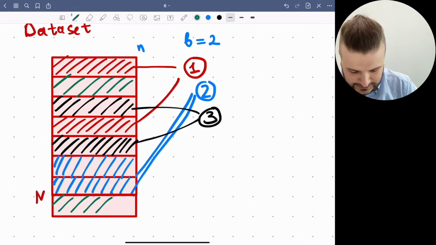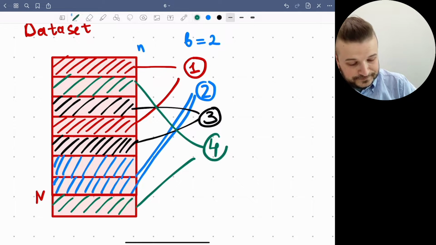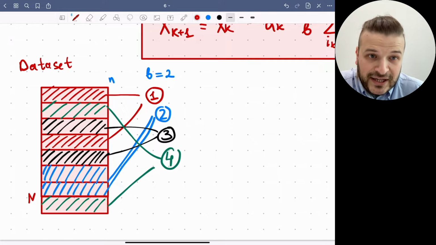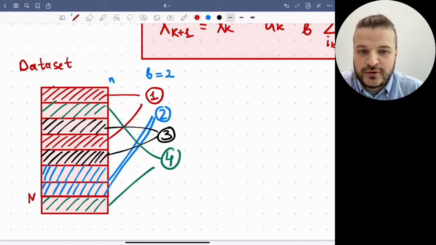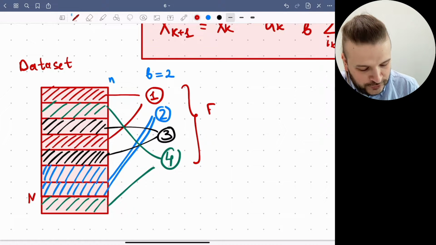Okay, now I've run through all the data I have here. The number of mini batch SGD iterations after which you've seen all the data in the data set is called an epoch. I mean that these 4 iterations are called an epoch.